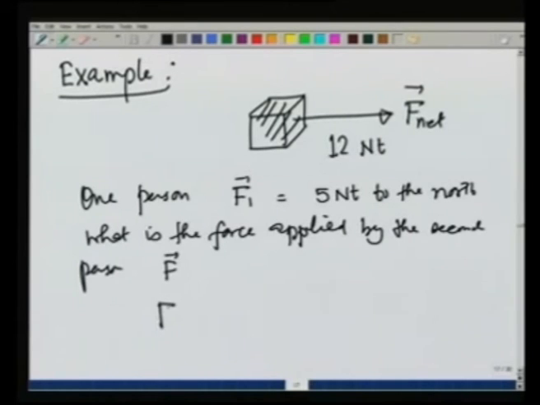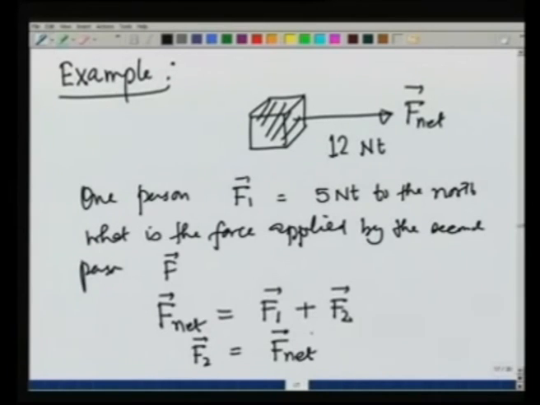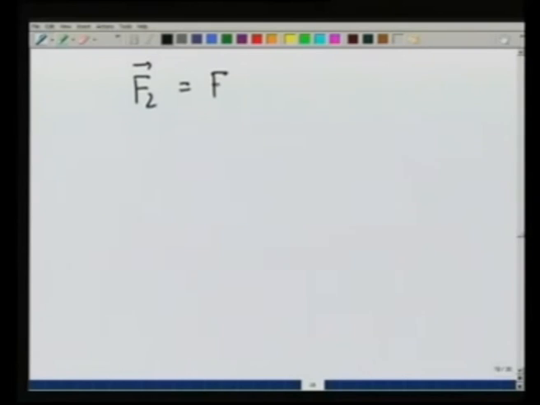Then we know that F net is going to be equal to F 1 plus F 2, and therefore, F 2 is equal to F net minus F 1. F 2 is equal to F net minus F 1.